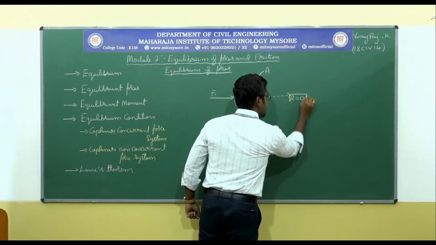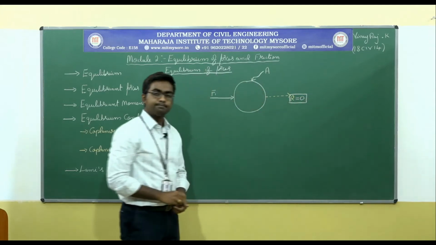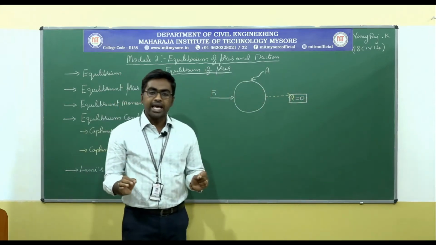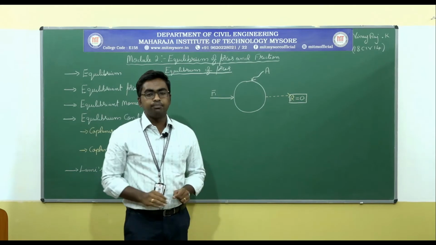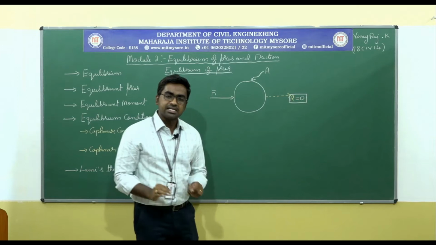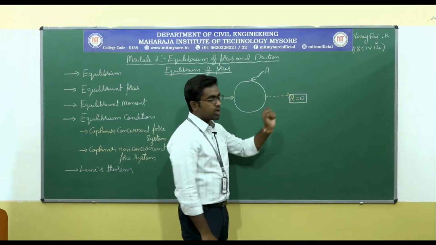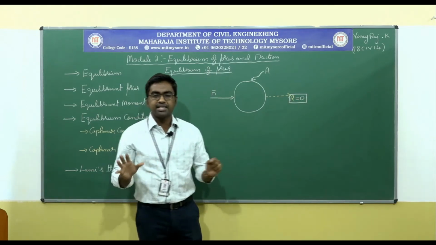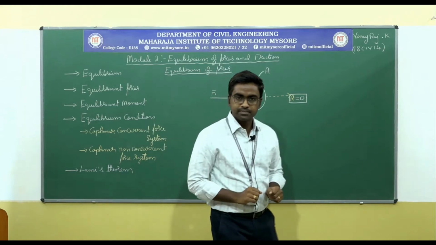This is very, very important, right? If you want to say the body is in equilibrium, if you want to say the complete system is in equilibrium, the system resultant should be equal to 0. It is a very, very simple concept. Understood?